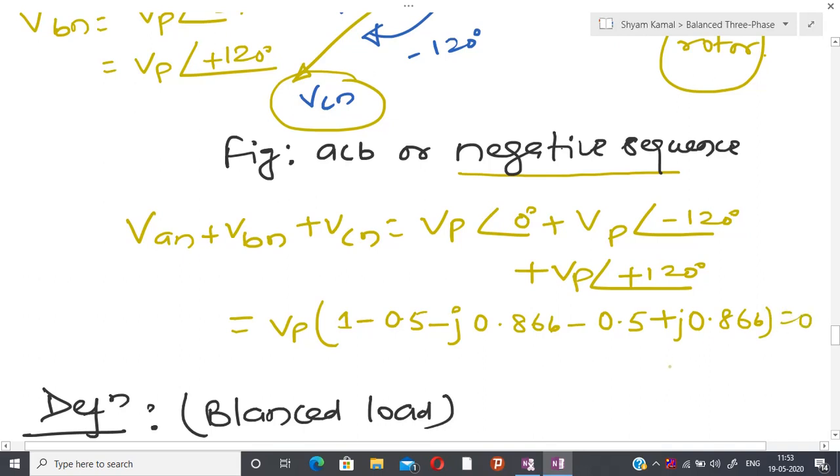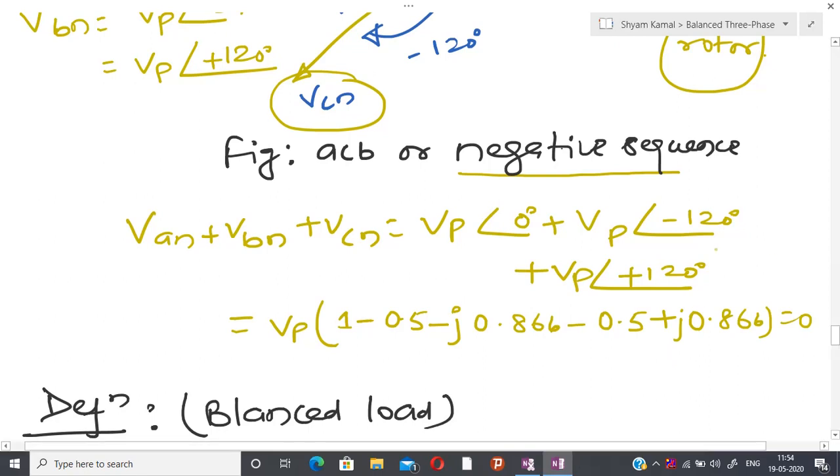In this way we are able to show that the summation of VAN plus VBN plus VCN is equal to 0.